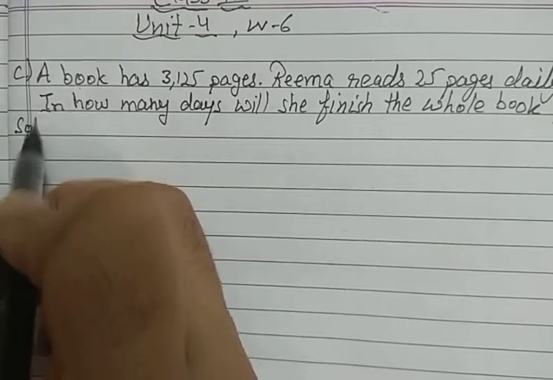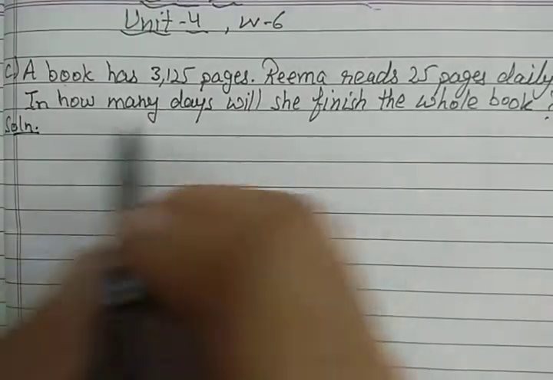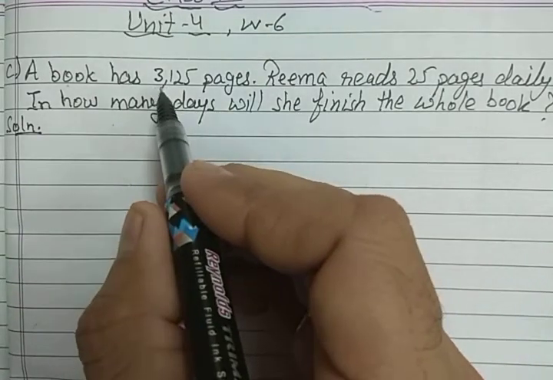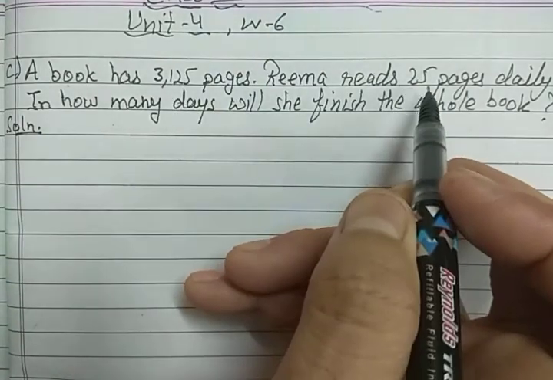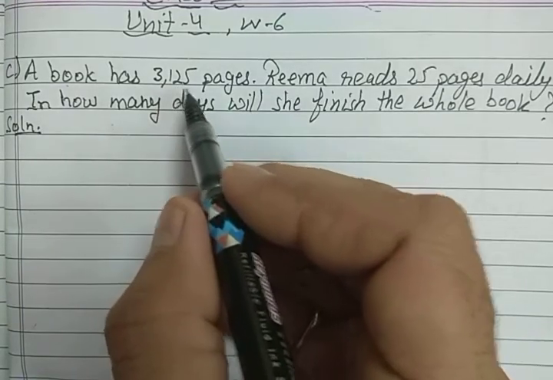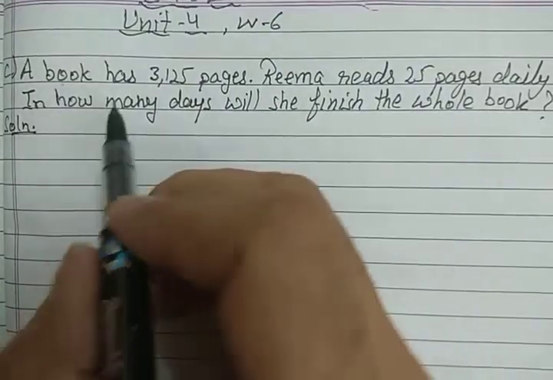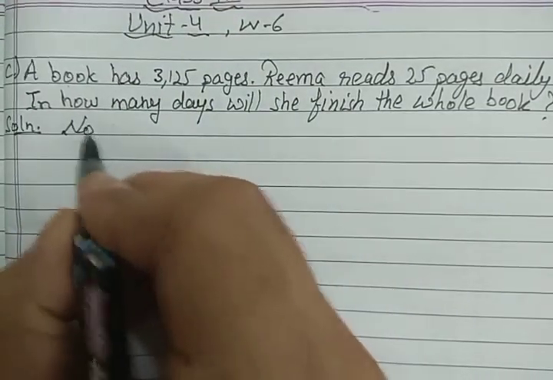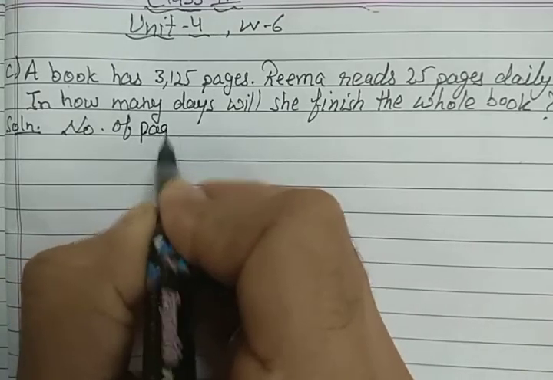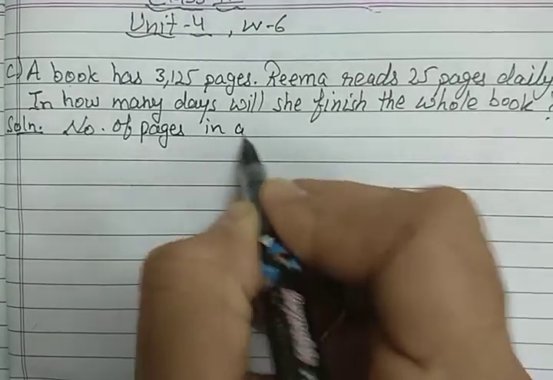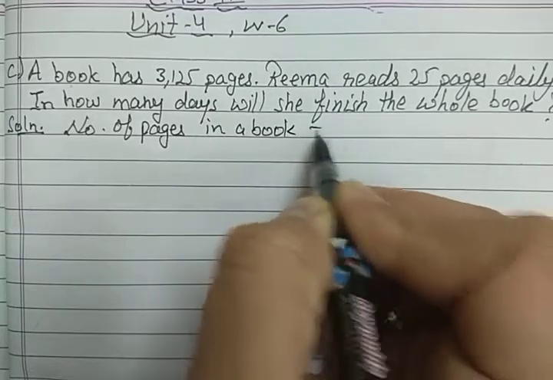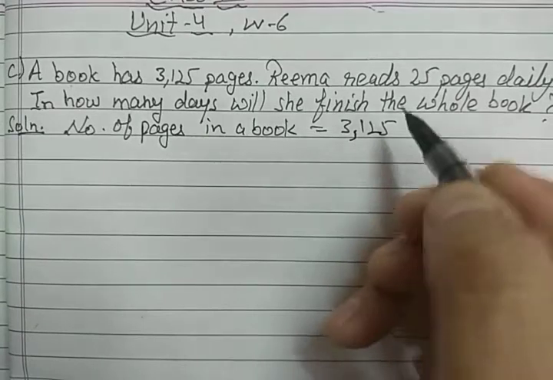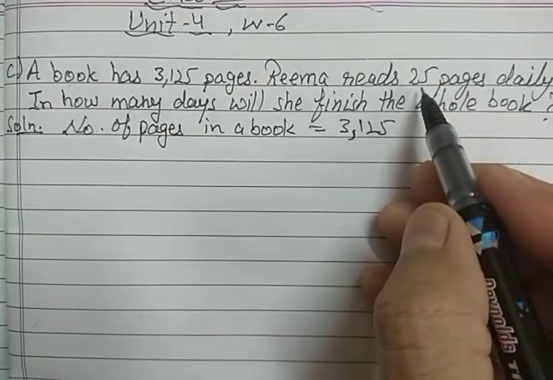So solution, first of all we will write what is given. So here two things are given, that is 3,125 and 25. So what is 3,125? It is the number of pages in a book. So write number of pages in a book. तो बुक में जितने भी पेजेस हैं that is 3,125. Now second thing is 25 is given. So what is this 25?